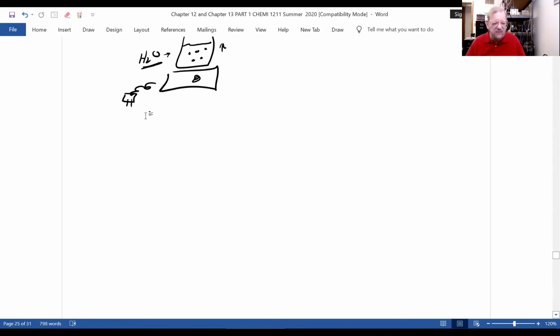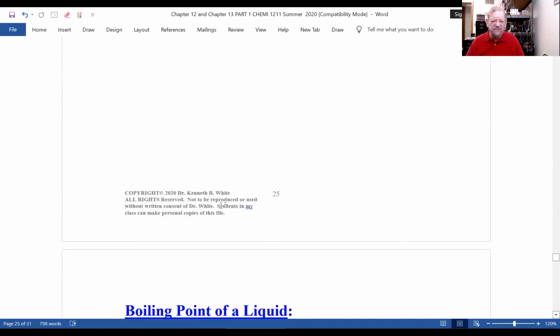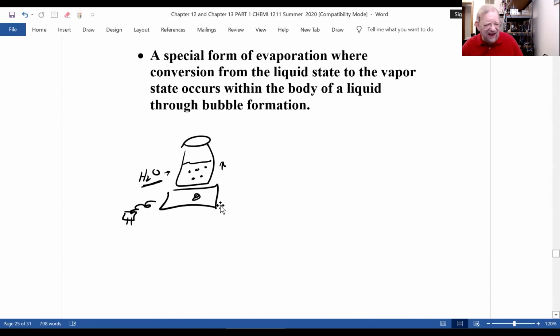Now, what's the boiling point of a liquid? That's the temperature at which the vapor pressure of the liquid, that means the water that's forming a gas, once it comes to the surface, goes this way.